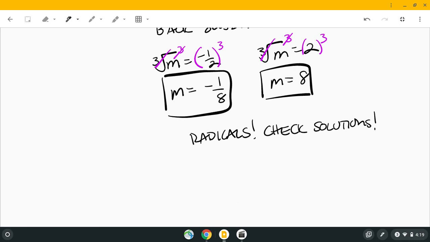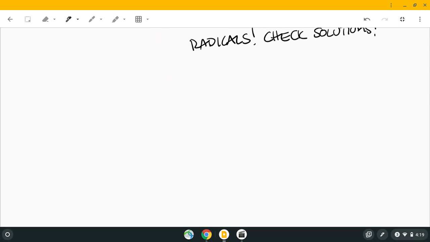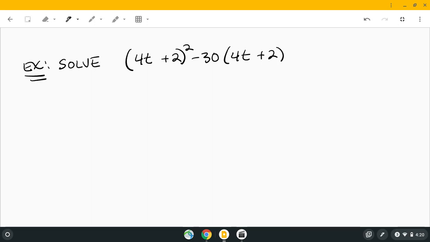All right, and let's take a look at this next one. Let's go ahead and solve 4t plus 2 squared minus 30 times 4t plus 2 plus 224 equals 0.